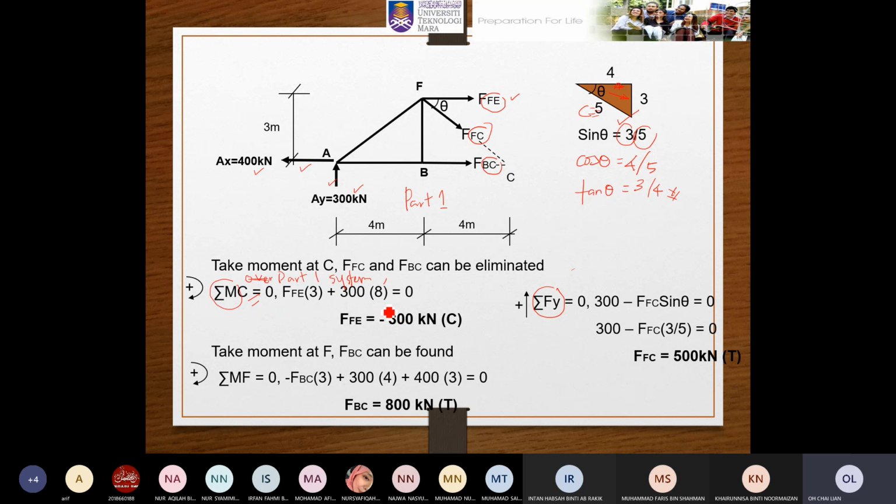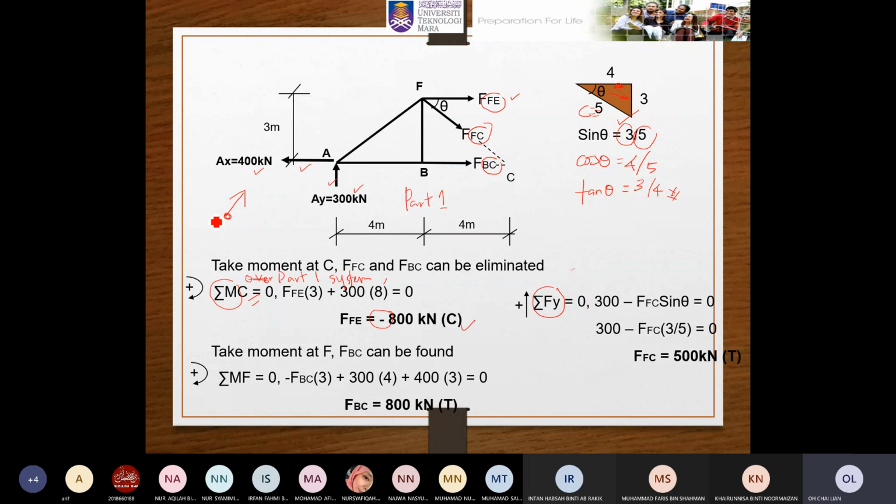Now you get a negative here, meaning that it's compressive. I need to remind you again about our tip from Monday. In the joint analysis, you have to assume any unknown forces go out from the joint. Make it tension first.